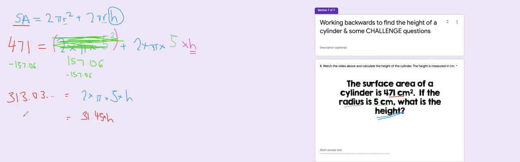It doesn't really matter. We're almost there. We want to find h now. To get rid of the 31.415 and get h on its own, we need to do the opposite of times. So we need to divide this side by 31.415, and divide the other side by 31.415. That's going to give us h on its own, which is the height.